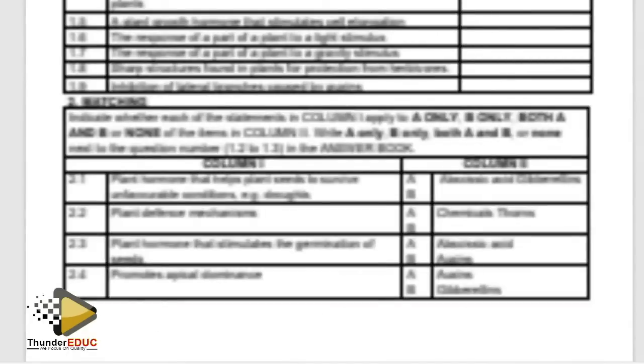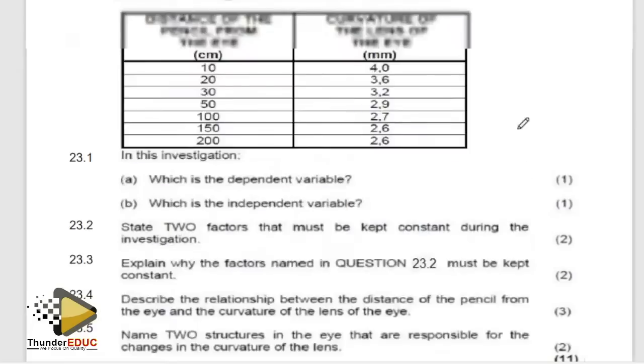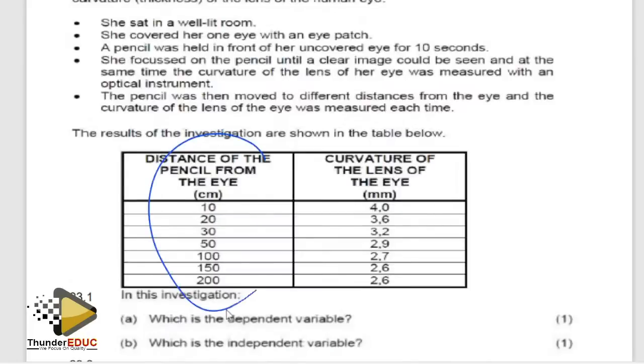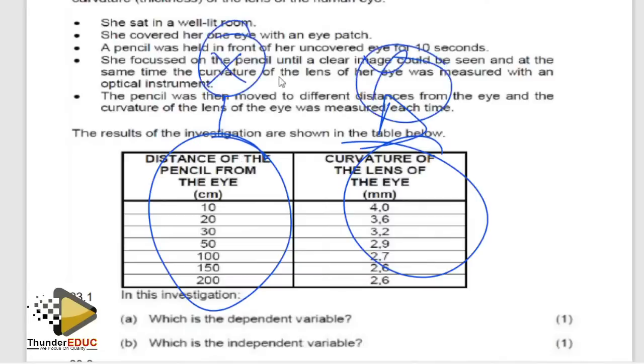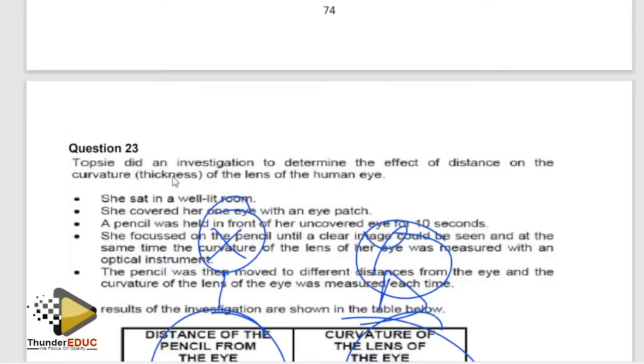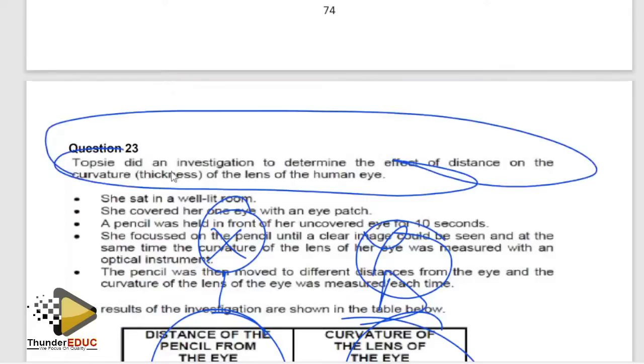And then I said that graphs, guys, investigation in most cases when they bring it like this, this is independent, this is dependent. I, D, X, Y. This goes to the x-axis, this goes to the y-axis. In most cases, when you read the first statement, you will see which one it is.